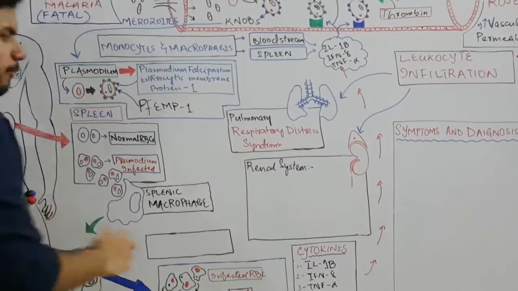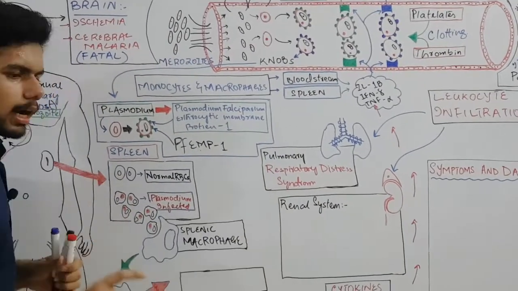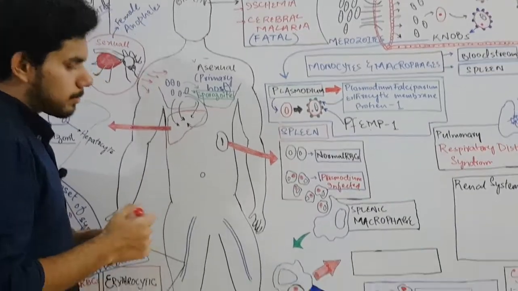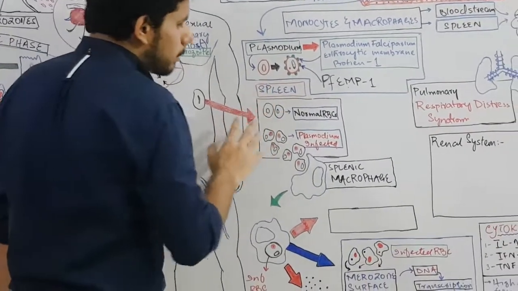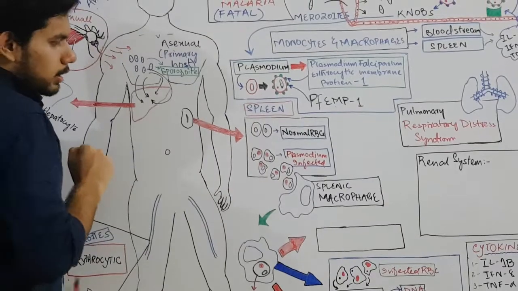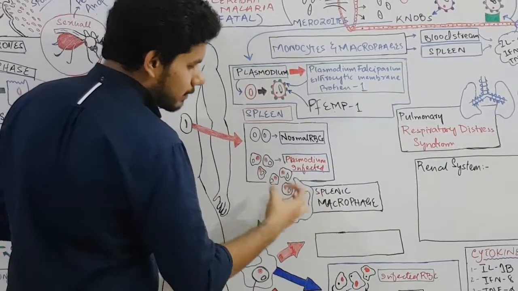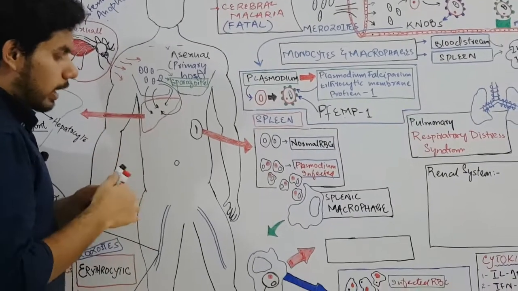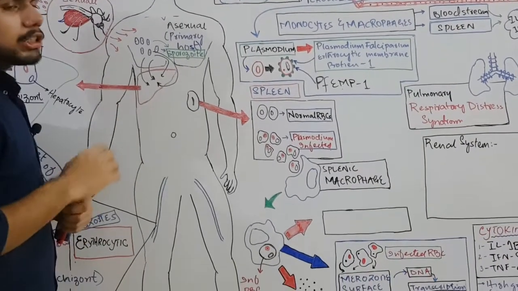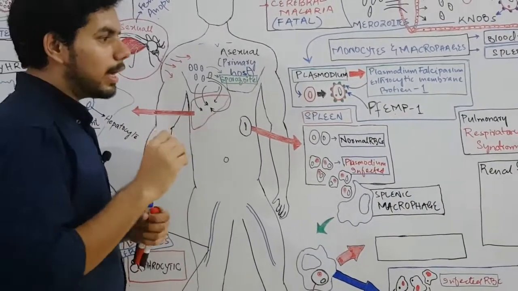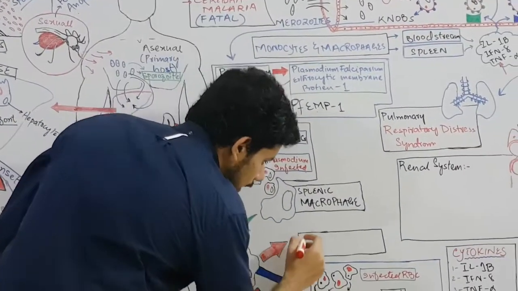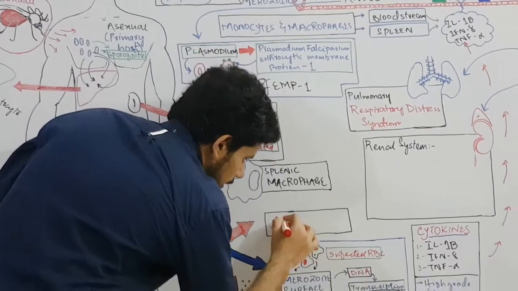But before going into the renal system, I come back here and tell you one more thing about malaria, that this plasmodium infects RBC. So macrophages engulf these RBCs in large quantity. So there is a shortage of RBC in the blood, and there is a very specific term for this shortage, known as anemia.